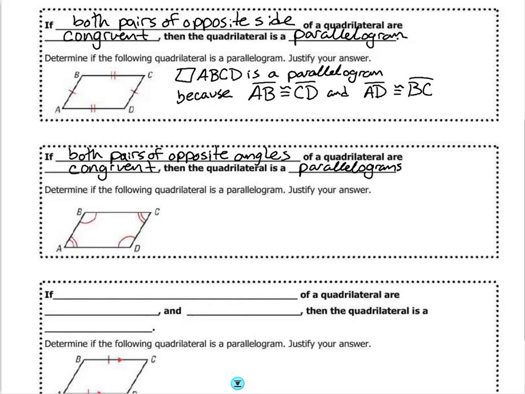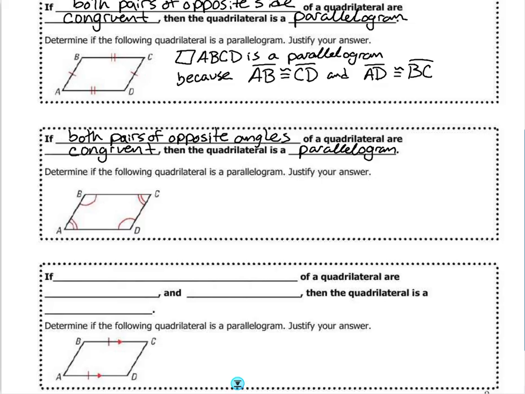Now remember, if I can prove one of these is true, that's great, but if it makes one of them false, then the rest obviously are going to fall out of place. So I have to check to make sure that I can prove one of them to be true, because if they are true, then it is a parallelogram.